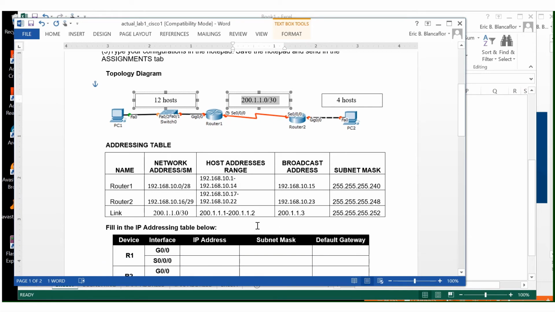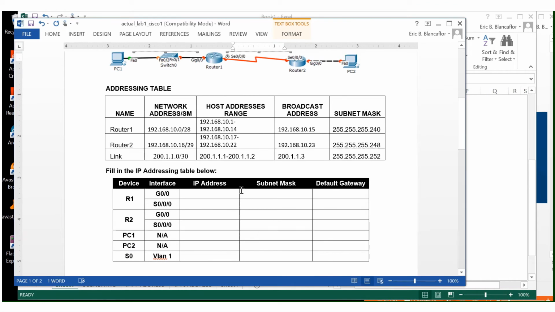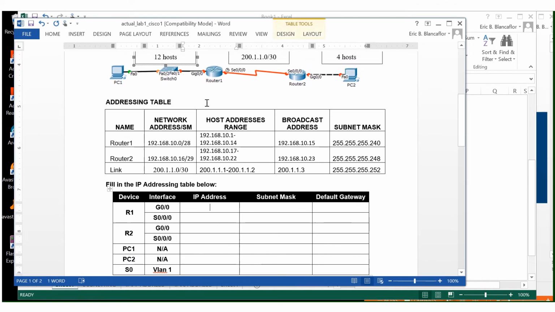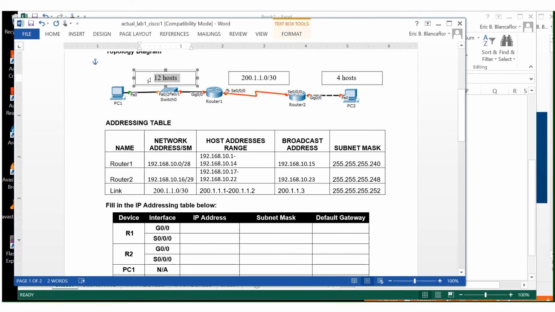Okay. So I'm now done with my table. So next thing to do is we need to assign IP addresses on router's interface. Router, for it to work, you need to assign IP addresses on its interface. Okay. Another PC also needs to have IP addresses. So let's assign. So based on what we did here, the network here for router 1 is 192.168.10.0/28.